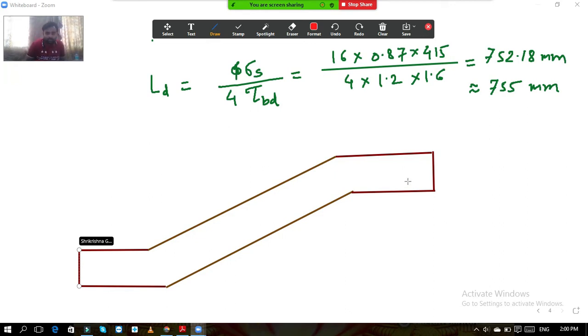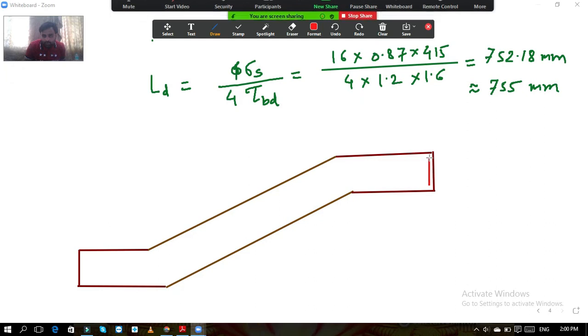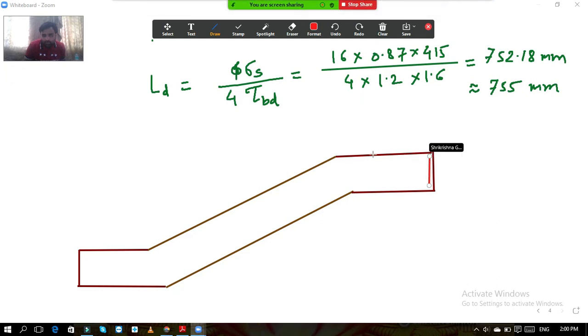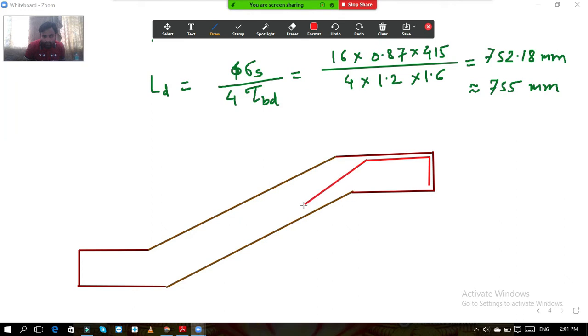So the main steel bar, I will start it from here, then up to this point, and then it will move parallel here from the bottom.